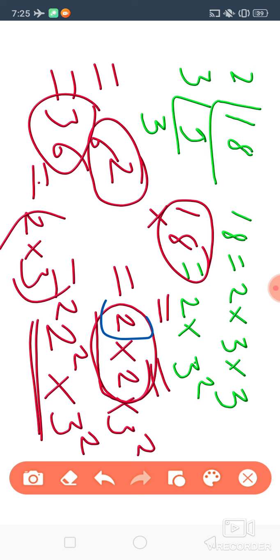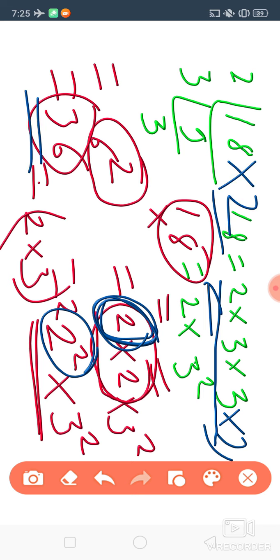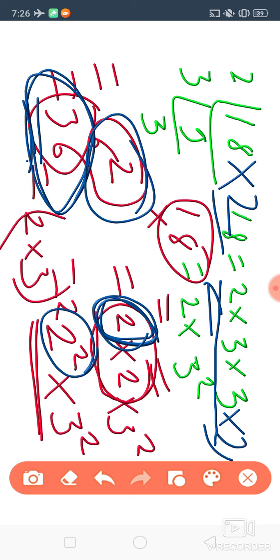This extra 2 we have multiplied, so this 2 and this 2 have become 2 square. So 2 is the number by which 18 is multiplied to become a perfect square, the perfect square of 6, that is 36.